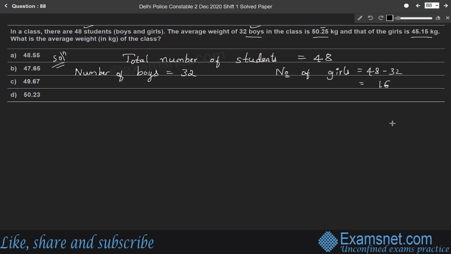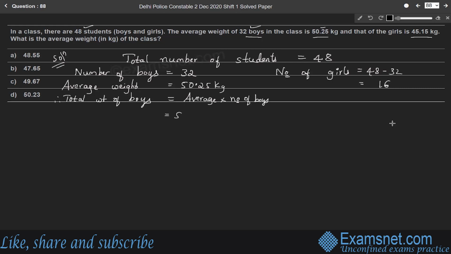So the total weight of boys. So how to find the total weight? Here average weight of boys is given. So average weight of boys is equal to 50.25 kg. Therefore, total weight of boys is equal to average into number of boys, right?